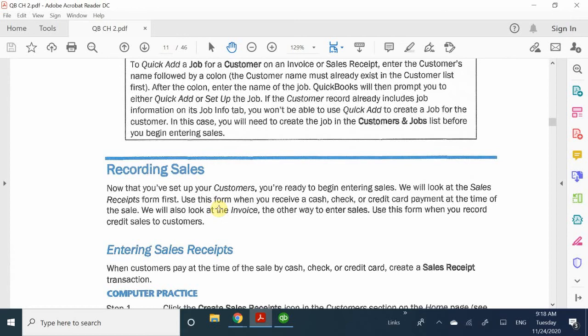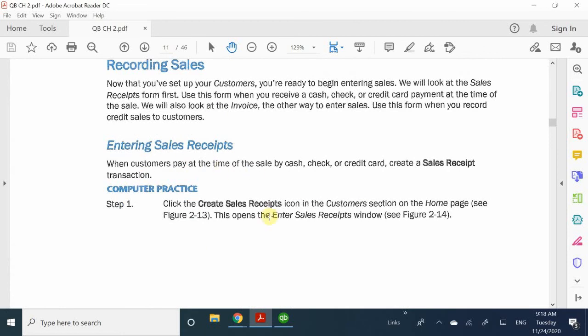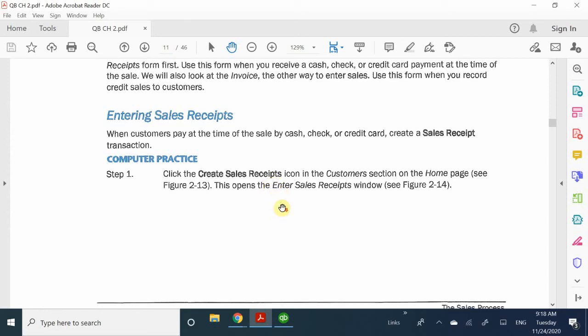We have 2 types of ways you can enter in a sales transaction, right? Your sales receipt's going to be dealing with customers who pay at time of the transaction. So in this case, let's go ahead and see what it's like to create a sales receipt. Okay?